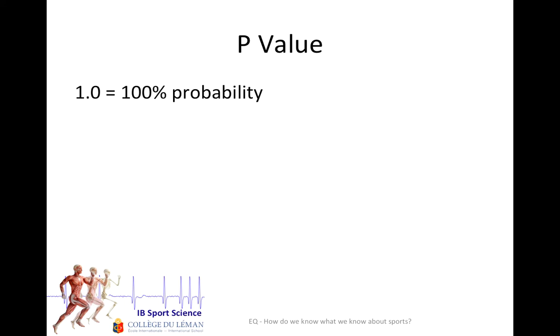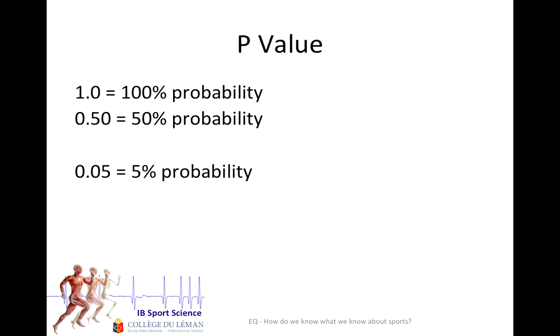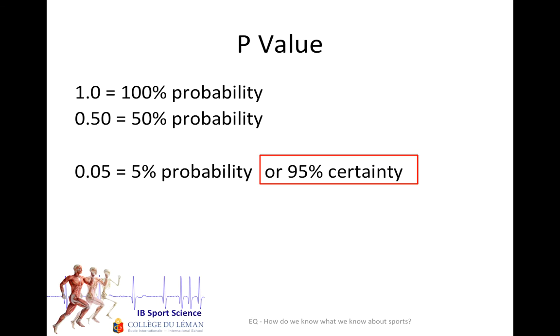So the p-value, let's think about this in terms of decimals. So 1.0 is 100% probability. So it's definitely going to happen. It's a certainty. So 0.5 is a 50% probability. And if we think of 0.05, that's a 5% probability. Okay, so a 5% probability that something's going to happen.